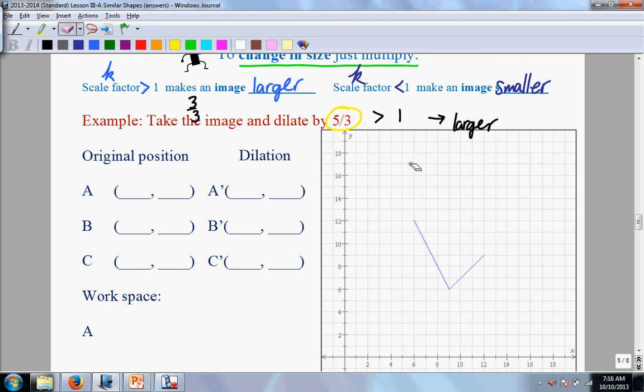So first, let's get our original coordinates here. It says A, B, and C, but you don't know where that's at, so let's just find our coordinates. So here's coordinate A, and let's check. We are over 6 and up 12. So over 6, up 12.